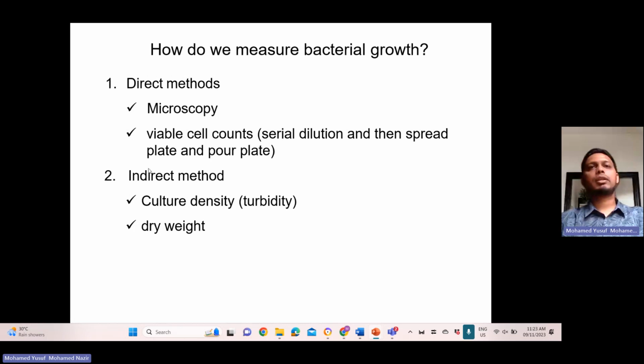And then there's another way, which we call the indirect method, where we check the turbidity, which reflects the density of the cells, the culture density. We can also measure through the dry weight.